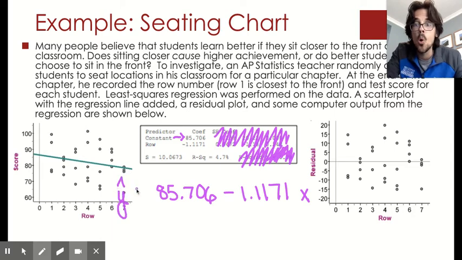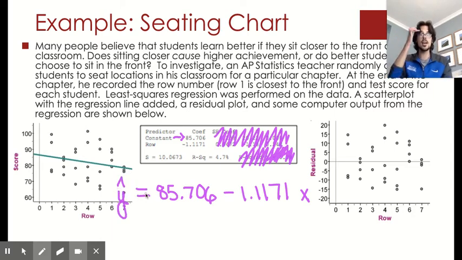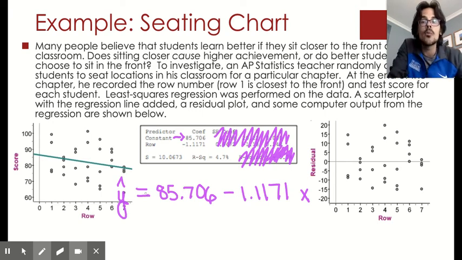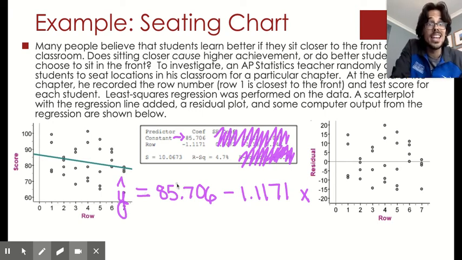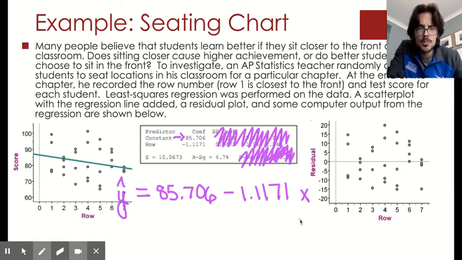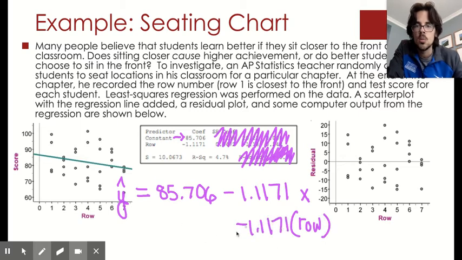Make sure you always use y hat when you do this. Now, if I were to just write this, I would not get full credit because I didn't define my variables. You have the option of putting the words from the problem in here. Like you could go negative 1.17 times rho, and for my y hat, this would be score, but I'm going to put a hat on score for predicted score.